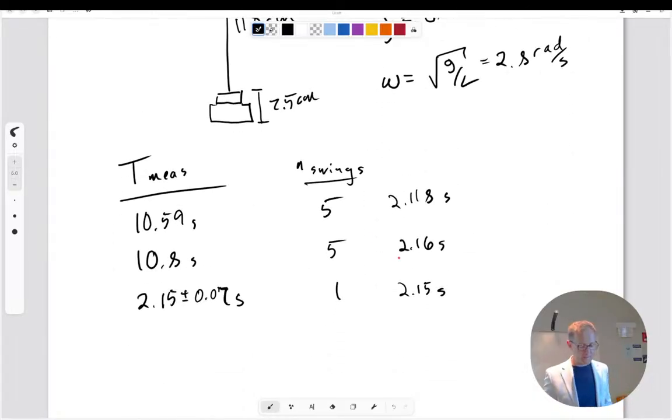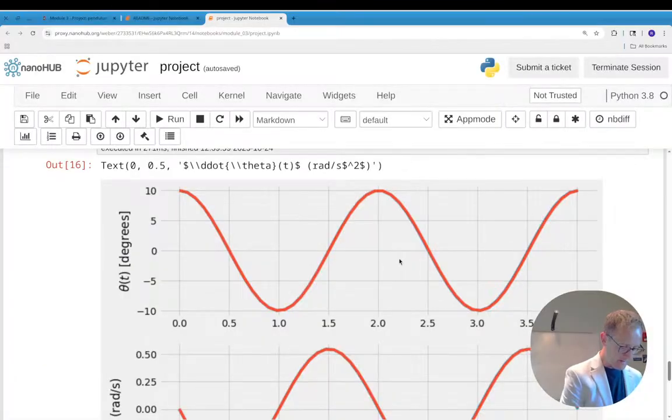It was 2.15 plus or minus 5/100ths of a second. So just with force and tension, we could get a lot of the motion correct, like at least the time period, frequency, and probably even amplitude is pretty close. It changes a little bit, not a big deal.